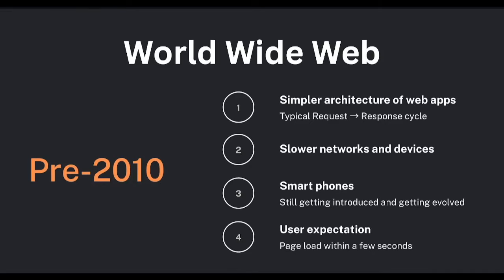Prior to 2010, most of the web apps used a simple architecture design based on the typical HTTP request response cycle. The networks and devices were not as fast as we have now. Smartphones had just started getting introduced. They were still evolving. The first iPhone was introduced in 2007, and the first Android phone was introduced in 2008.